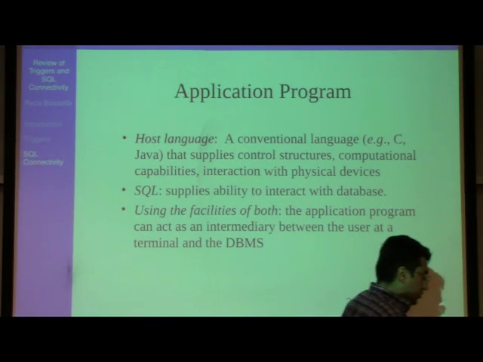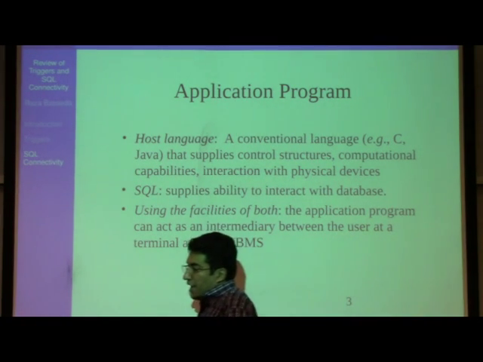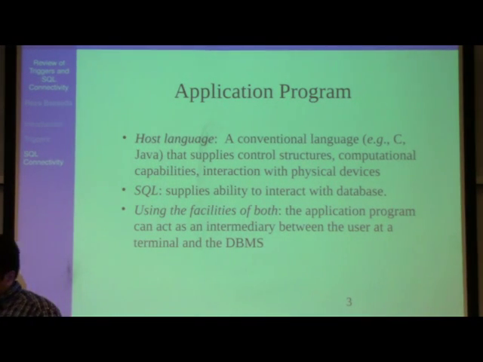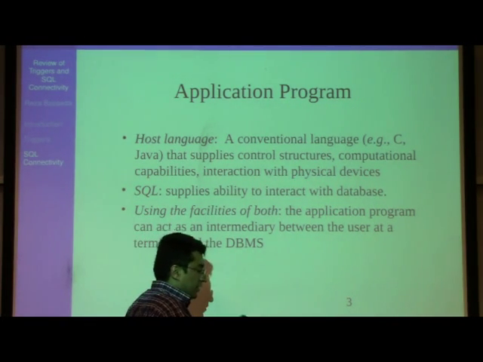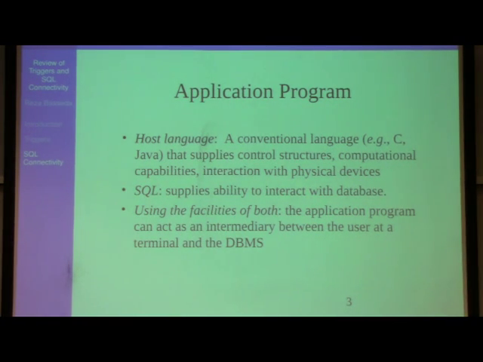For example, this host language can be an imperative language like C, C++, or Java that has imperative instructions. It also has different computational capabilities, but it is able to get and translate SQL statements to the DBMS.